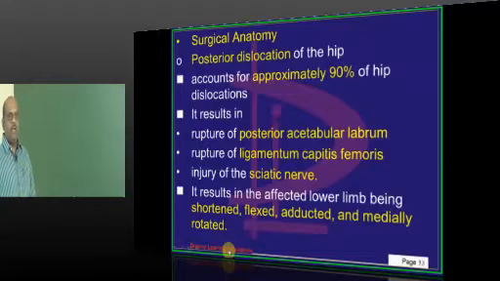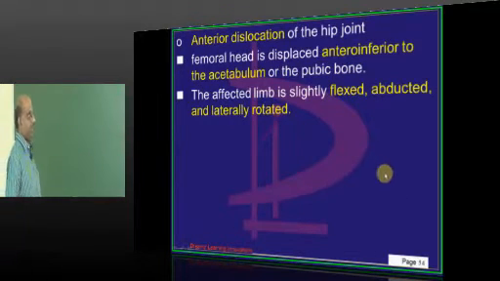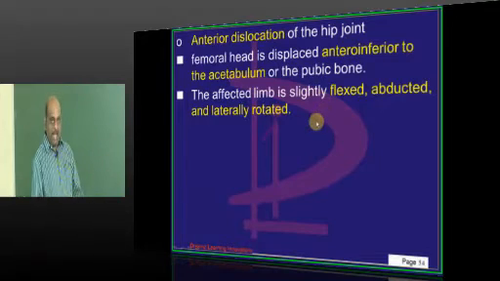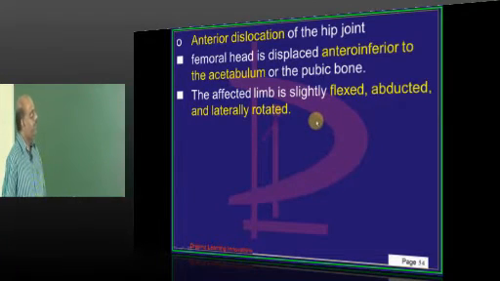The limb will go into shortening, flexion, adduction, and medial rotation, which is the typical posture. If it is anterior dislocation, flexion, abduction, and lateral rotation is what you get.